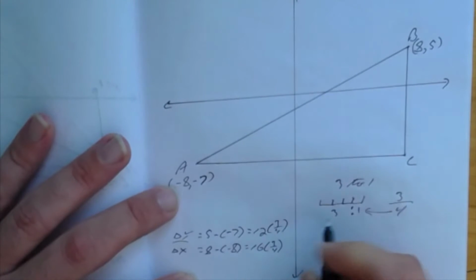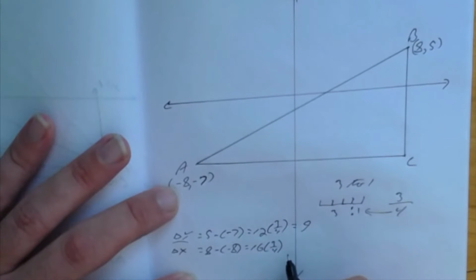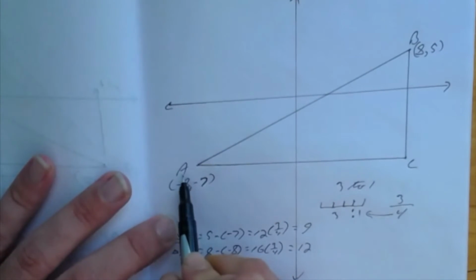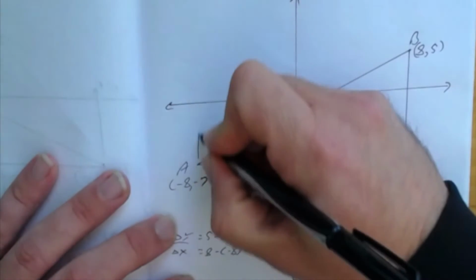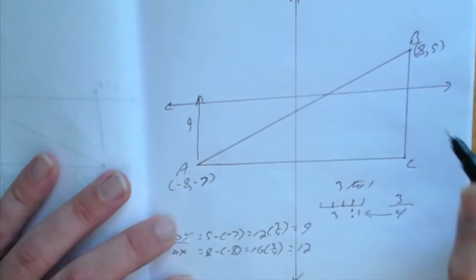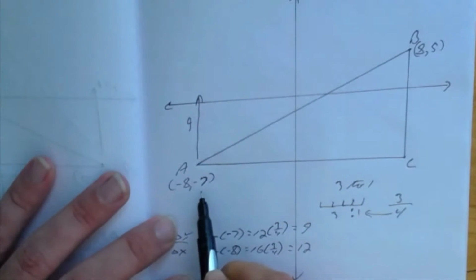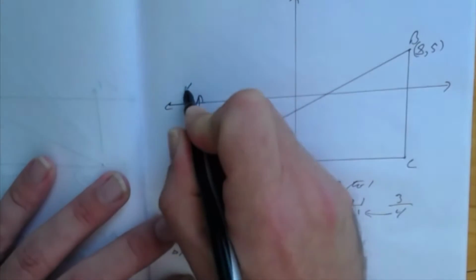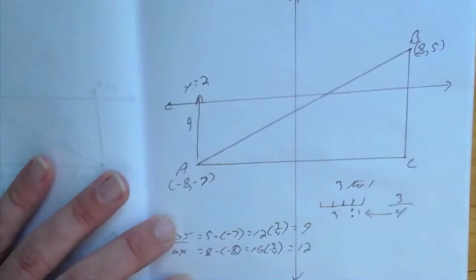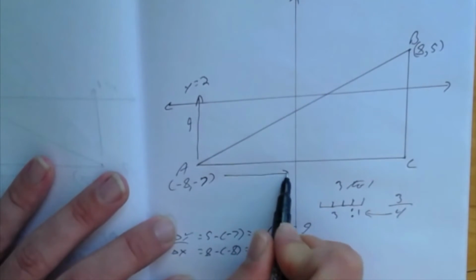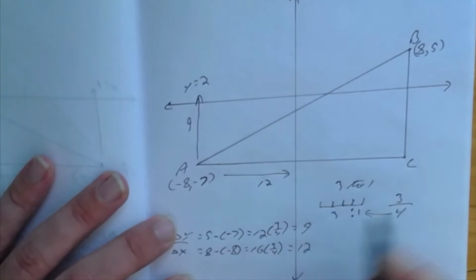12 times 3 over 4 is 9. 16 times 3 over 4 is 12. So from A, that means I am going to move up by 9 spaces. So I'm going to move up from negative 7 to a positive 2. And I'm going to move to the right 12 spaces from negative 8.